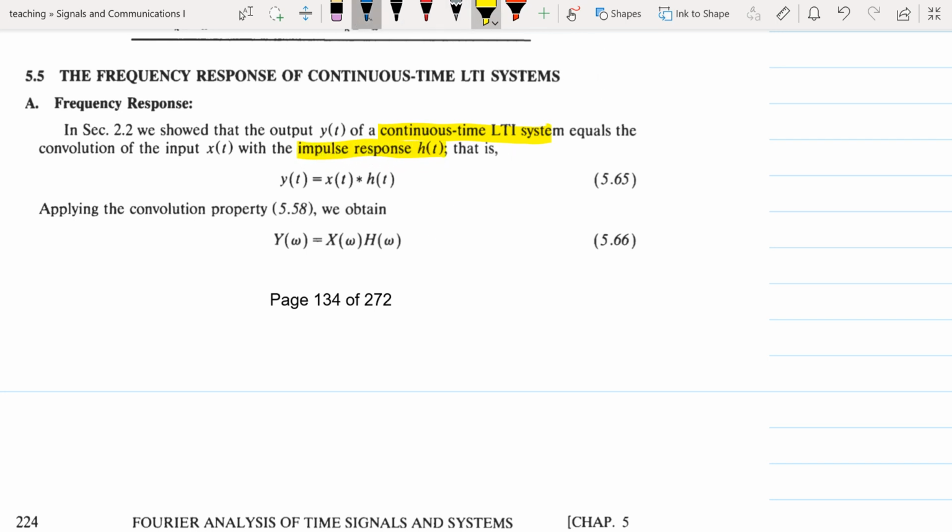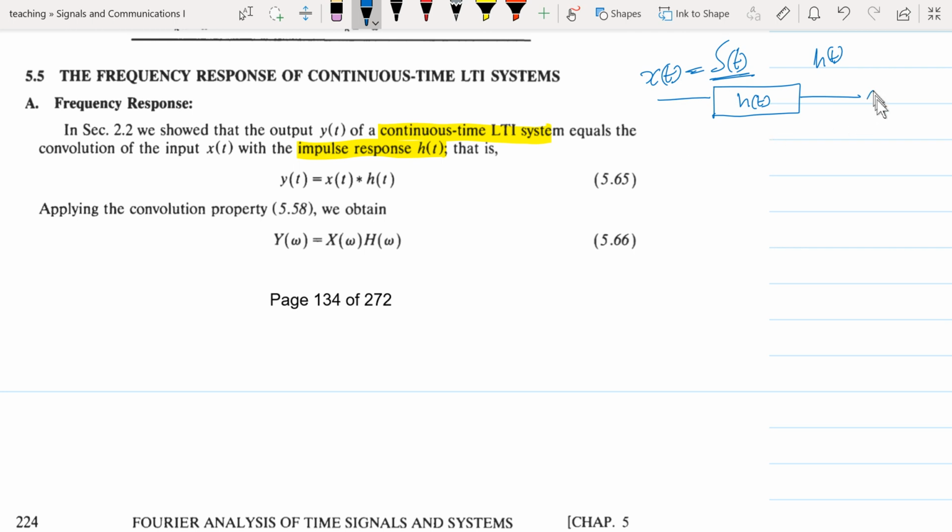We said that if we know a system's response to an input x of t defined by delta of t, then the output will be equivalent to h of t, and this completely characterizes the system response to another arbitrary signal x of t, even when it is not equal to this one.